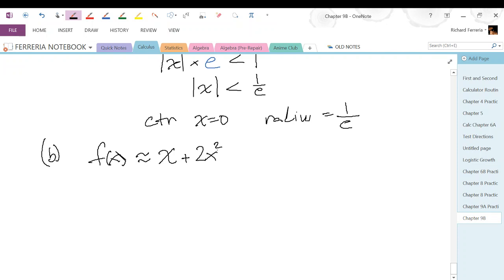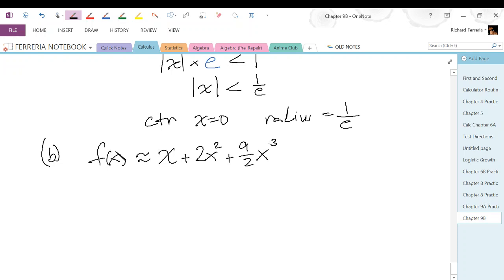When n equals 3, we get 3 cubed is 27. 27 over 6 is 9 over 2, so 9 halves x cubed. Is that right? n to the n, so 3 to the third power is 27. 3 factorial is 6.